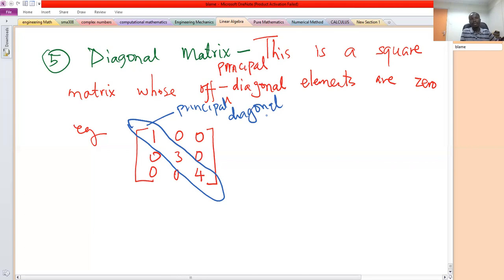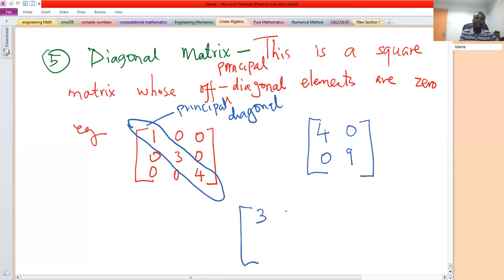If we have a square matrix in which all elements outside this main diagonal are zeros, then that's a diagonal matrix. Another example, 4, 0, 0, 9. Another example, 3, 0, 0, 0, 0, 0, 0, 0, 9.